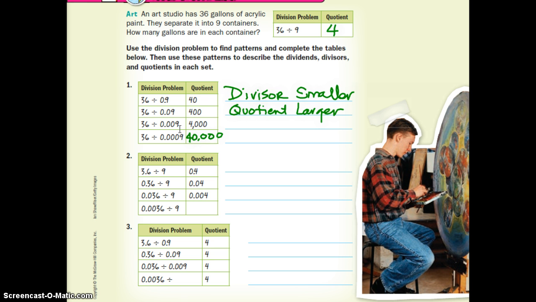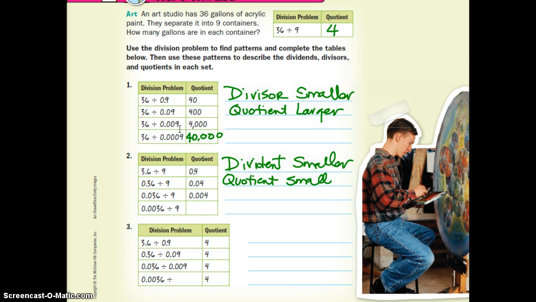Now, in this case, we're going to change the dividend, and the dividend is getting smaller. Our divisor is the same, and our quotient is smaller.